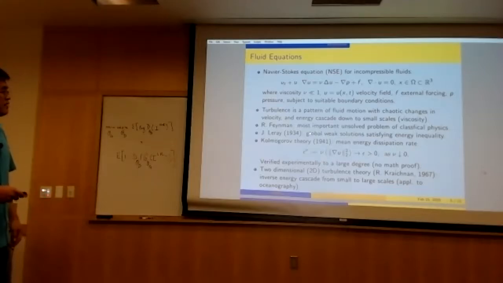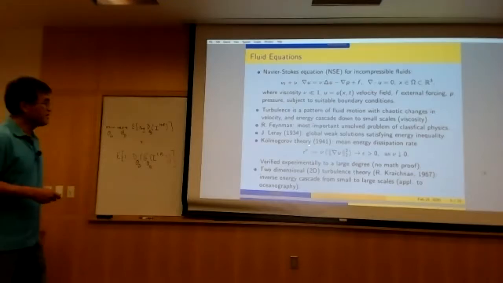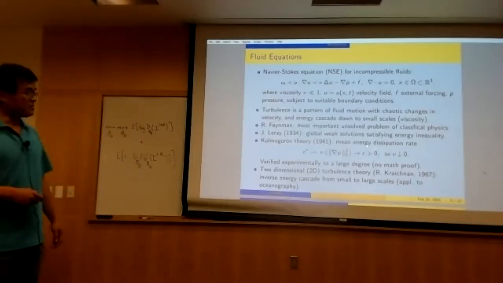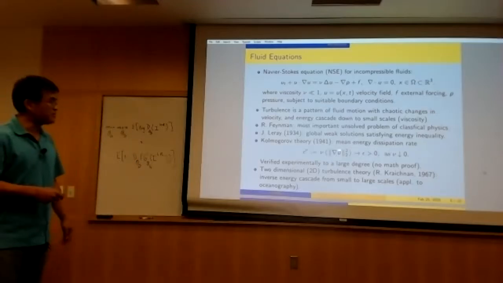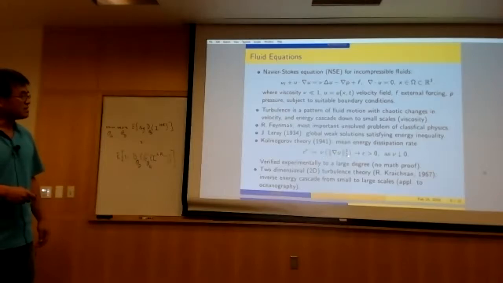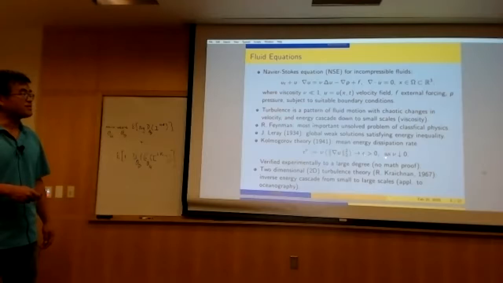However, there are a lot of phenomena that you couldn't explain just by doing a weak solution. And so in 1941, Kolmogorov had a theory that observed the following. If you look at the L2 norm squared, or the sum of squares of the gradient of u, and you take a certain ensemble average and multiply this by a small parameter nu in front, this quantity in fully developed turbulence will go to a positive constant as the viscosity tends to 0.